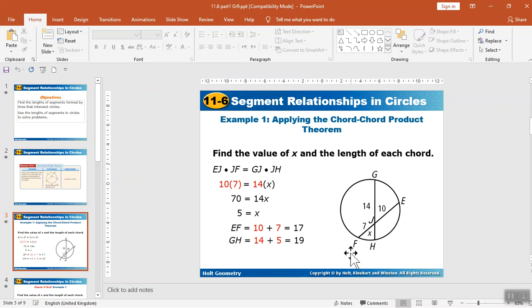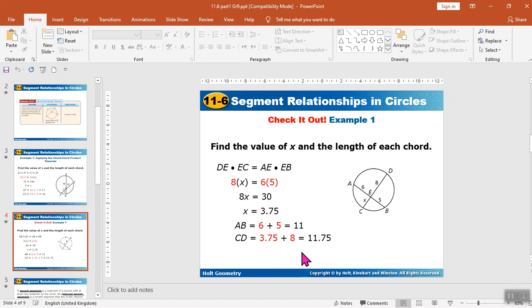The first chord is EF, which is equal to 10 plus 7. This is the segment addition postulate, if you remember: 10 plus 7, which is 17. And the second chord is GH, which is equal to 14 plus x that we already found, 14 plus 5, which is 19.